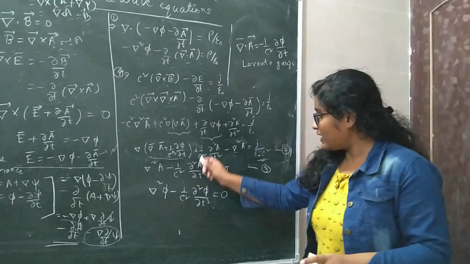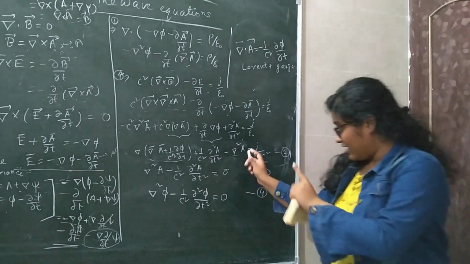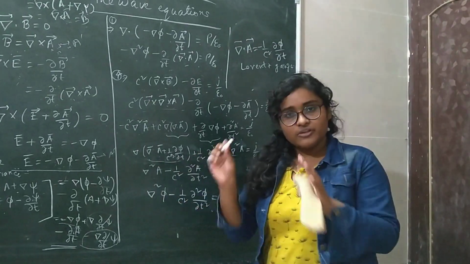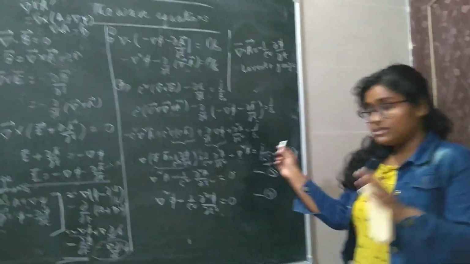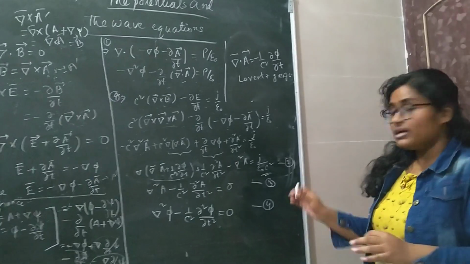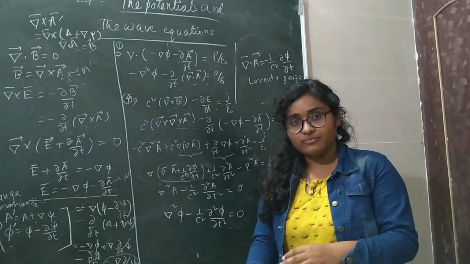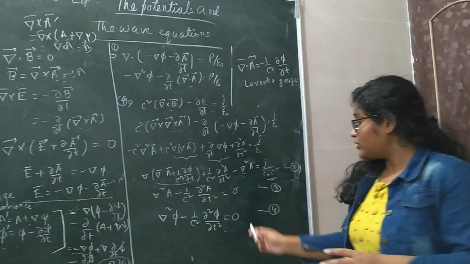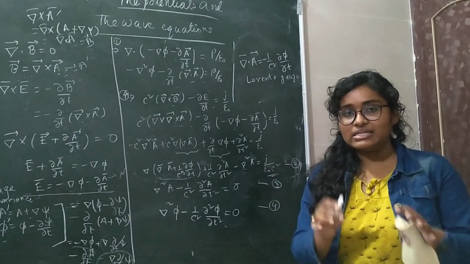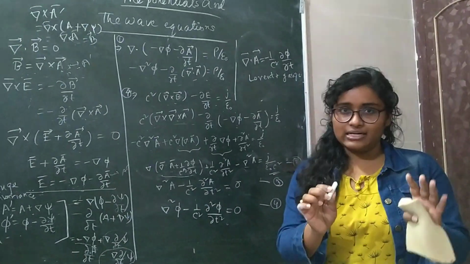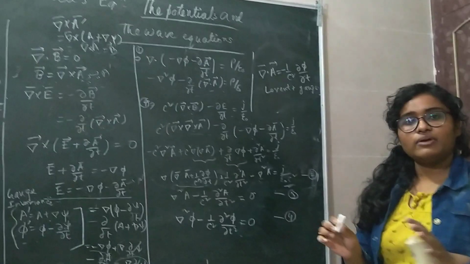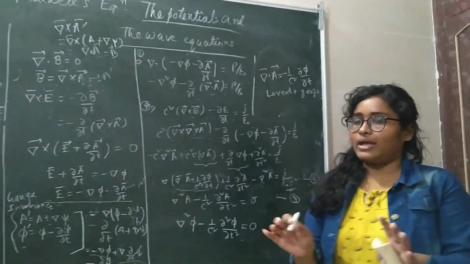So in free space, although there is no rho, there is no J, the propagation of wave is possible with the velocity of c, where c is the velocity of light. That's why electromagnetic wave can propagate through vacuum.